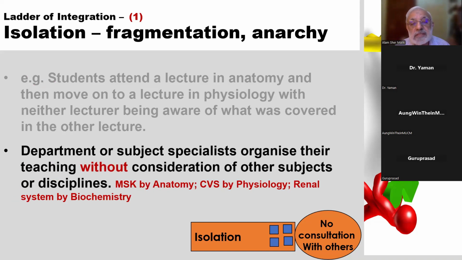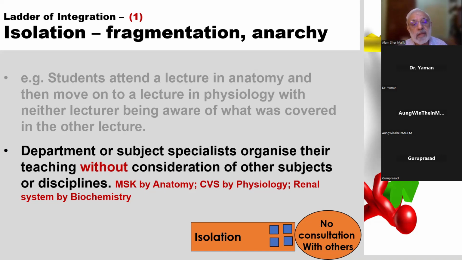Department or subject specialists organize their teaching without consideration of other subjects or disciplines. So they do not have any discussion or link or understanding with others. Each department or each subject organizes their teaching on their own without knowing what is being taught by others.